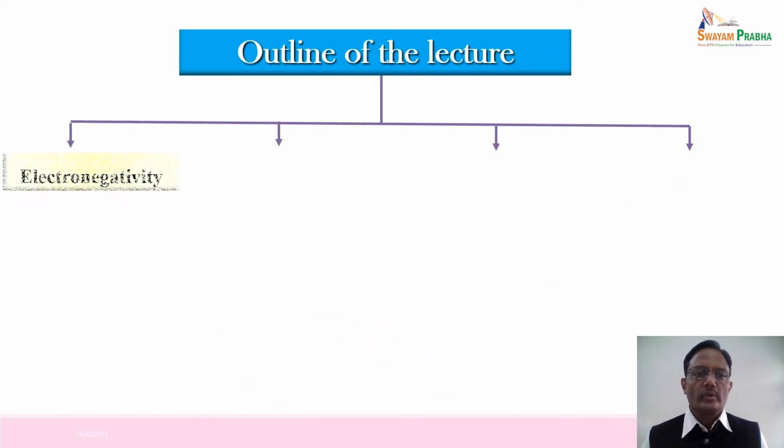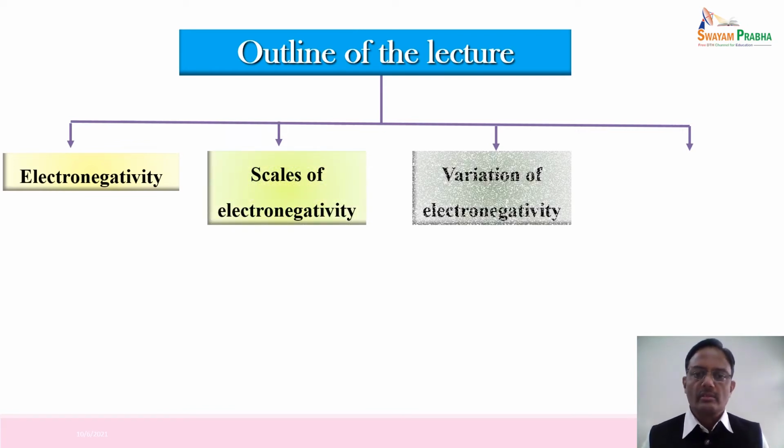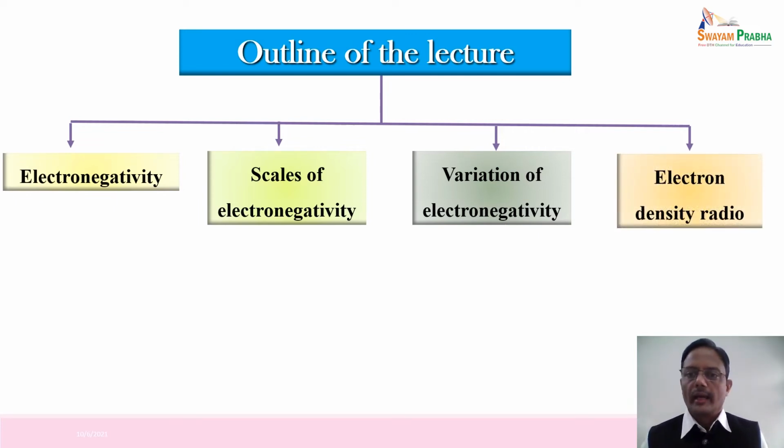The outline of this lecture is a discussion about electronegativity and the scales of electronegativity. Then we will discuss the variation of electronegativity in the periodic table. And in the end, we will see what is electron density ratio according to the Sanderson concept.